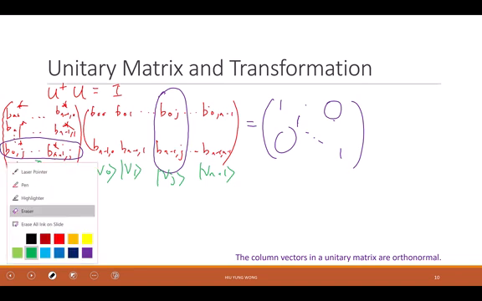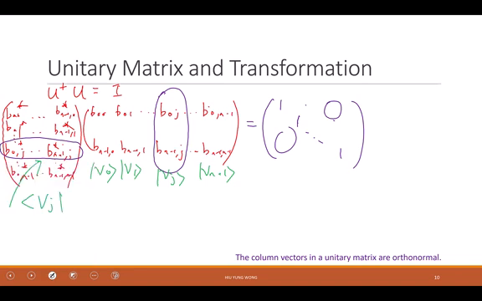Do you agree with what I'm saying? This row is just the brown version of this column. Because this column is vertical, I call it Vj. I rotate it and take the complex conjugate, right?